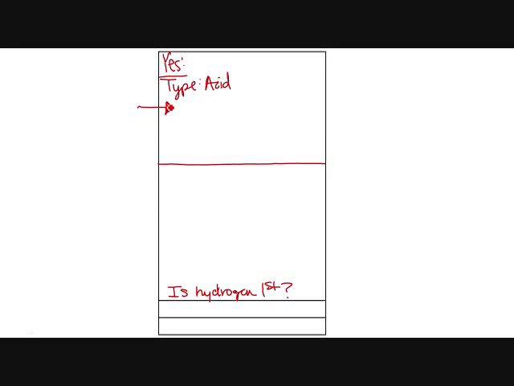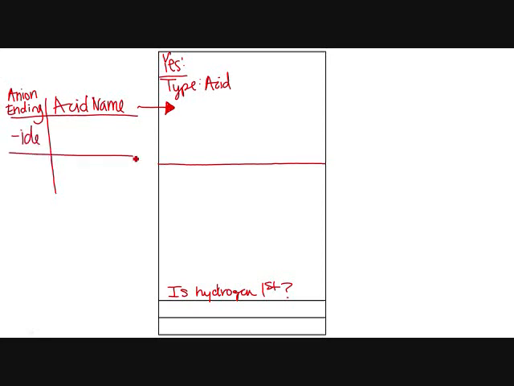Remember, acids have a table that you use to write their names. So the table has your anion ending and then your acid name. Again, this is all fitting on the yes section. We have three anion endings: IDE, ITE, and ATE.